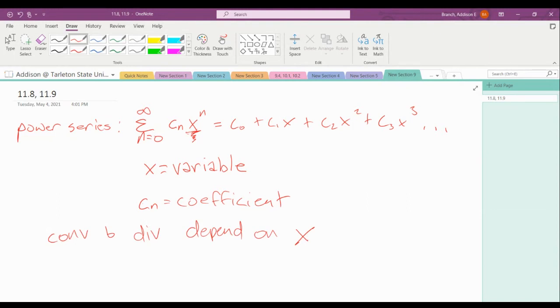Think about this as a general form of a geometric series. So remember, in geometric series, whether our ratio r to the n converged or diverged depended on what r is. This is kind of the same thing. It depends on x.